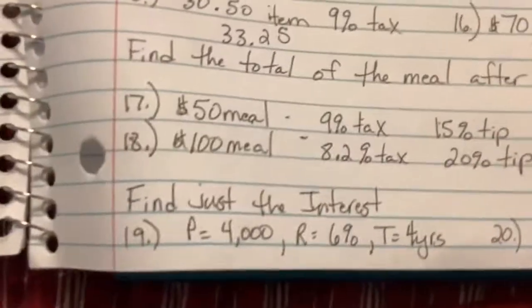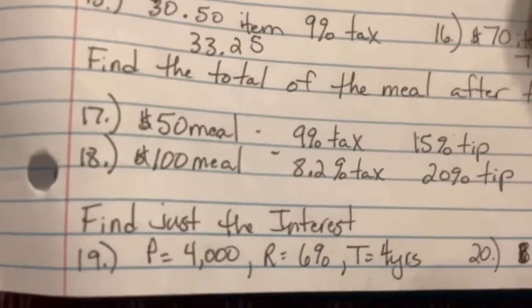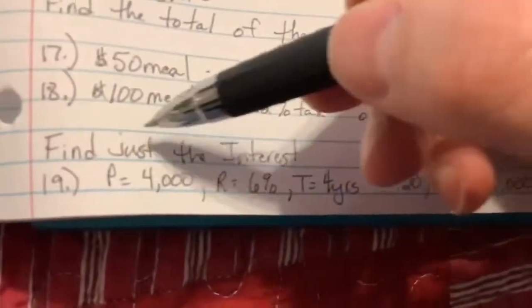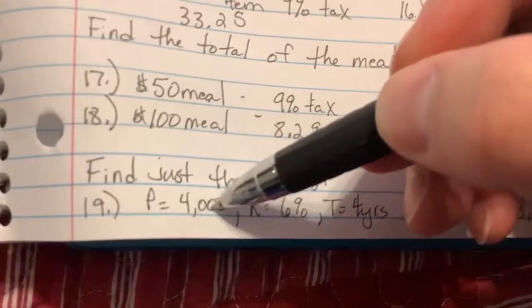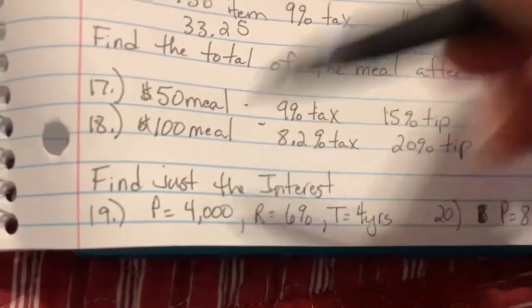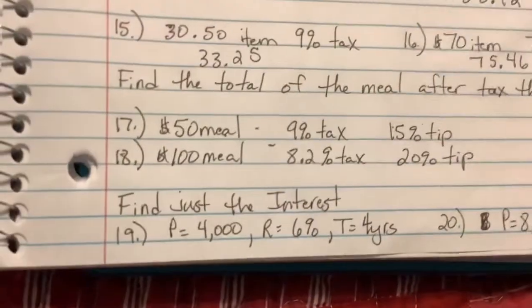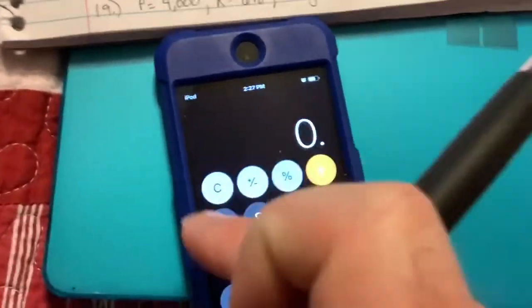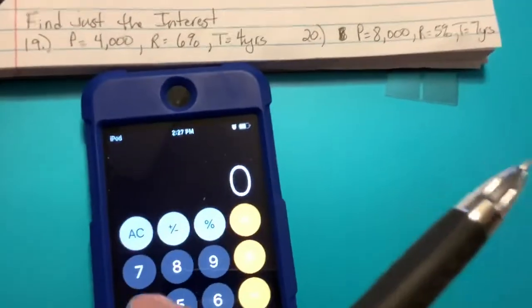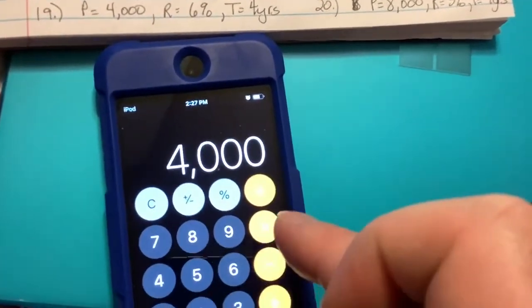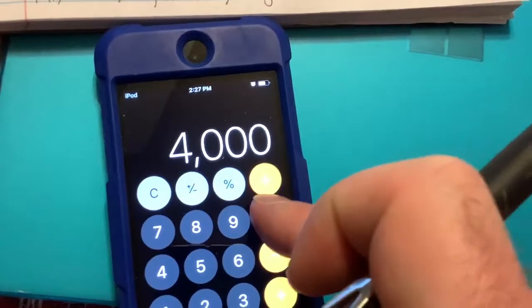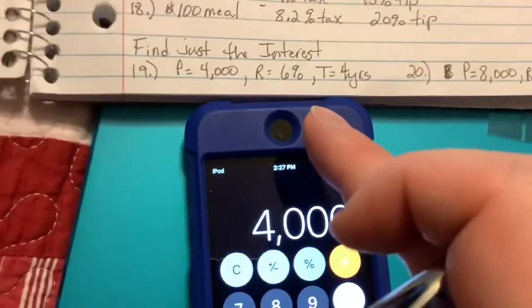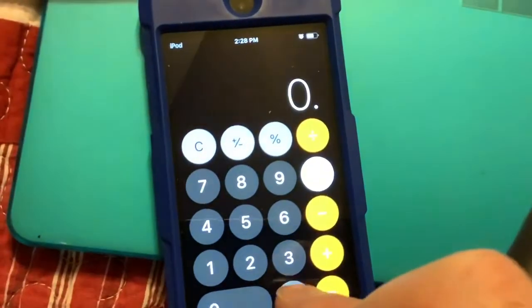Then the interest problems, number 19. Interest is we're finding just the interest. So we don't need to total it back with the principal. We're just finding the interest. So we're just going to multiply. So let's get our calculator here. So we're taking 4,000 and we're multiplying that times 6%, which is 0.06.